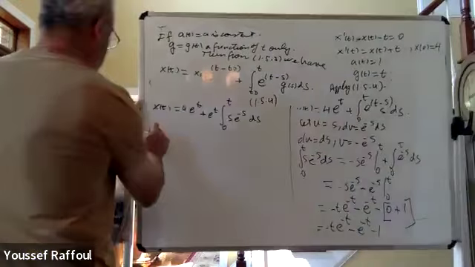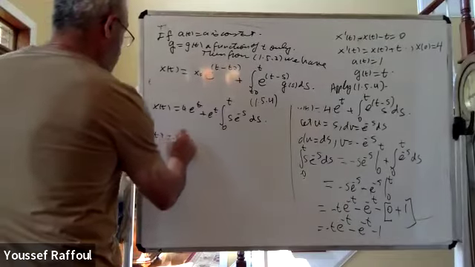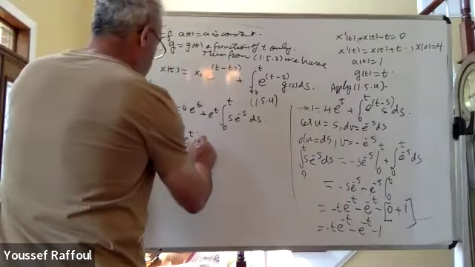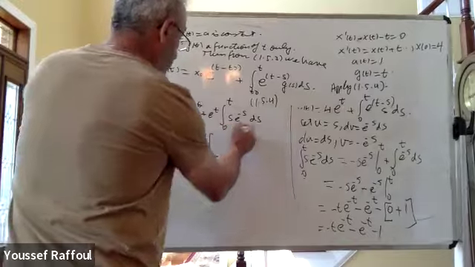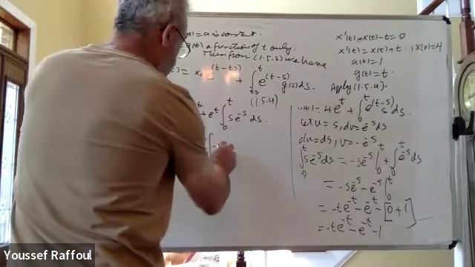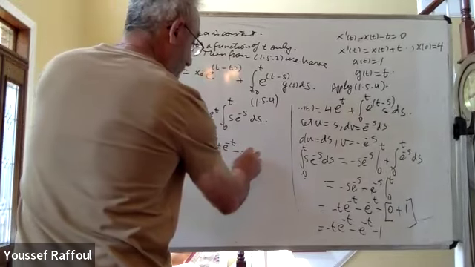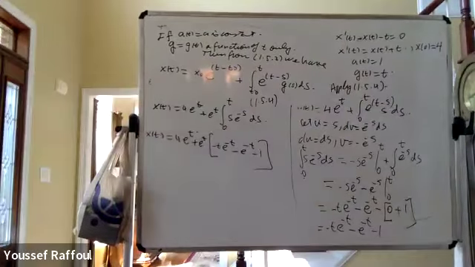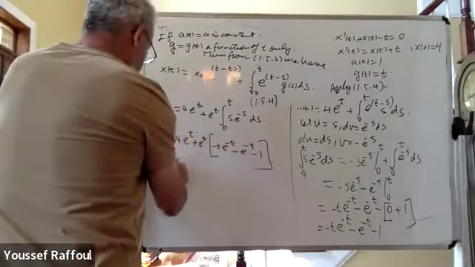So your solution, x of t is 4 e to the t plus e to the t times minus t e to the minus t minus e to the minus t minus 1. Now multiply by e to the t.